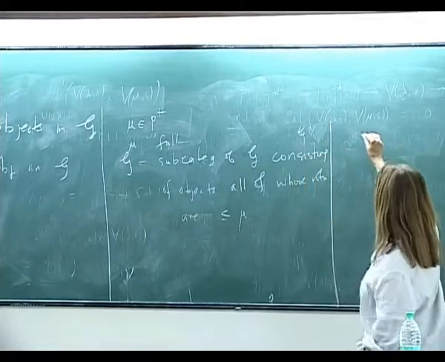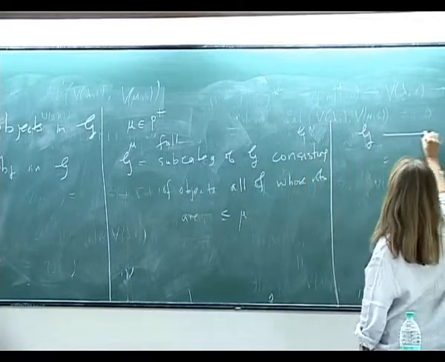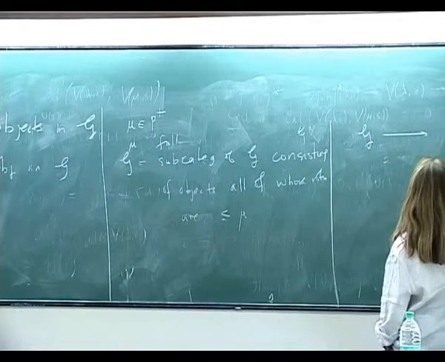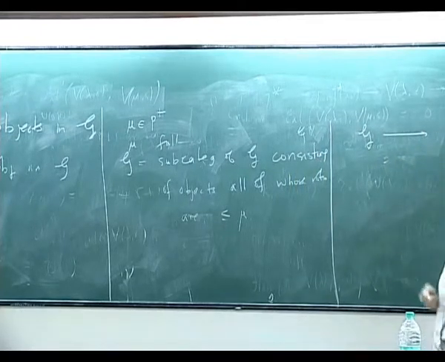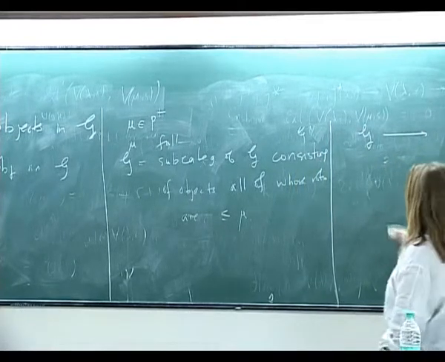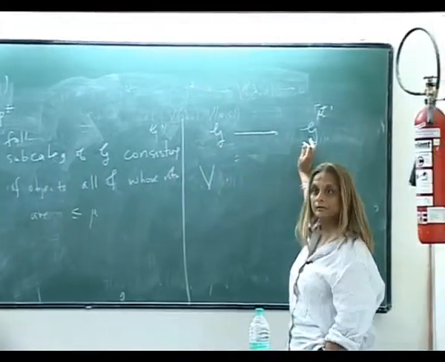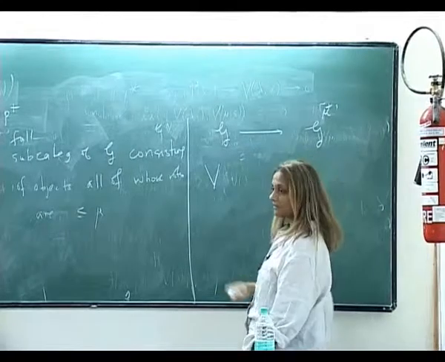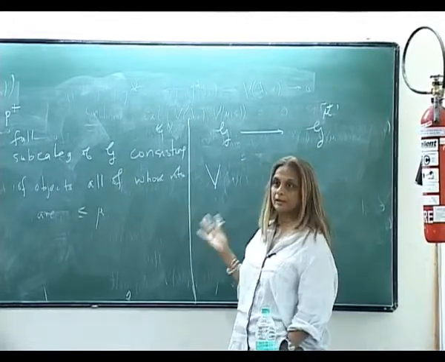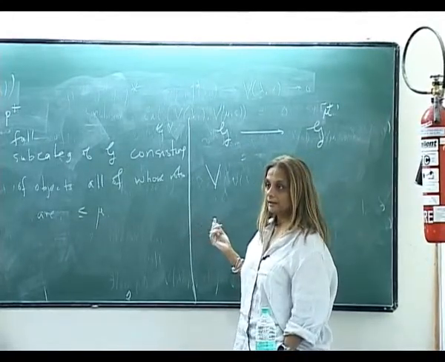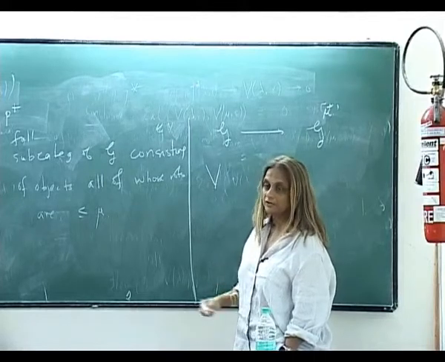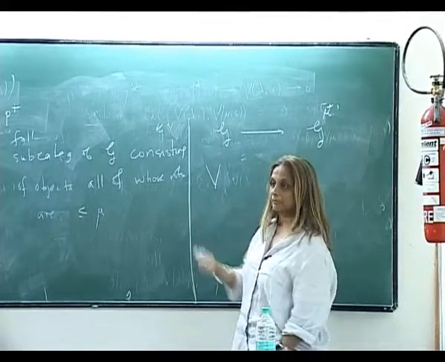You have a natural truncation functor from G to G mu. If you take an object V, how will I produce a module in G mu? I'll just get rid of all things with weight bigger than mu. But that's not going to be a GT submodule, so I'll take the GT submodule that it generates.